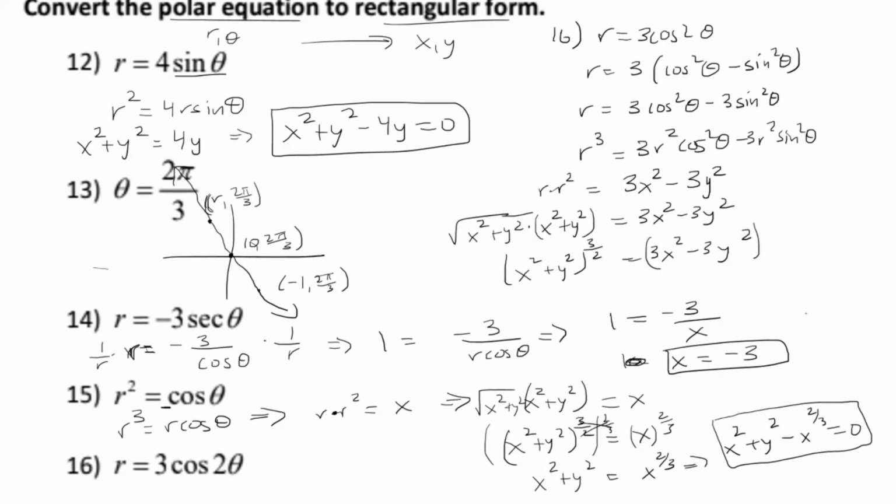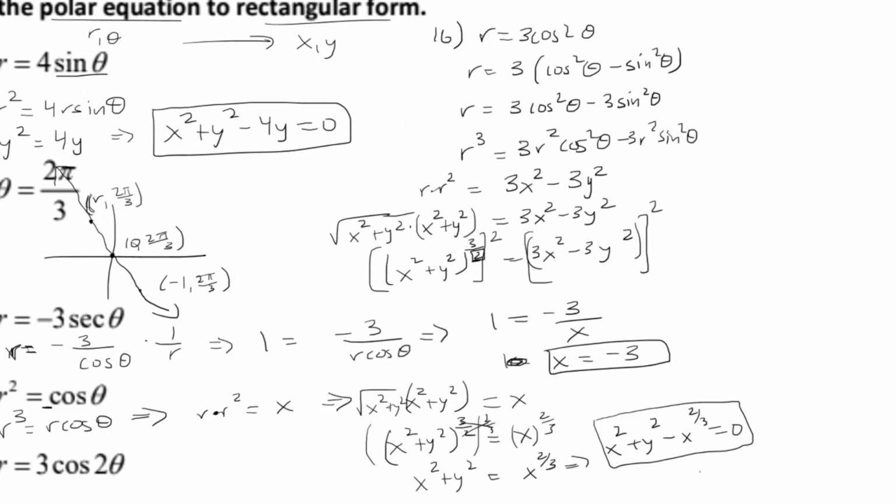I'm going to raise both sides to the second power. The reason is that I want to get rid of the 2 over here, because that is the square root. So when I raise it to the second power, this is going to cancel. That gives me x squared plus y squared cubed.